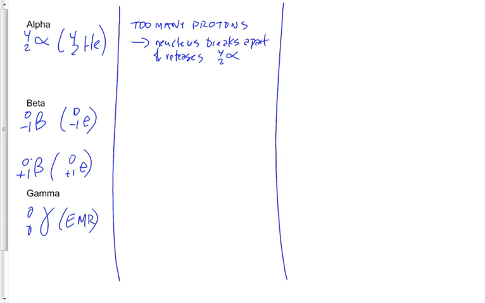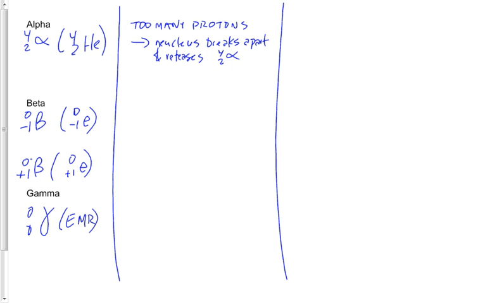Chunk of the iceberg breaks off in an attempt to make it more stable. We get rid of a couple of protons. We also get rid of a couple of neutrons, but it does change the ratio of neutrons to protons to a more favorable ratio. So you got a better chance of being stable here. There's no guarantees. A lot of times once this happens, it's still radioactive, but it's closer to being stable.